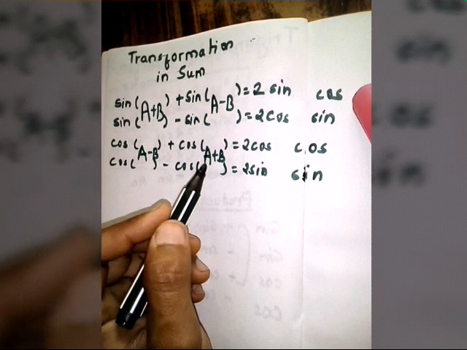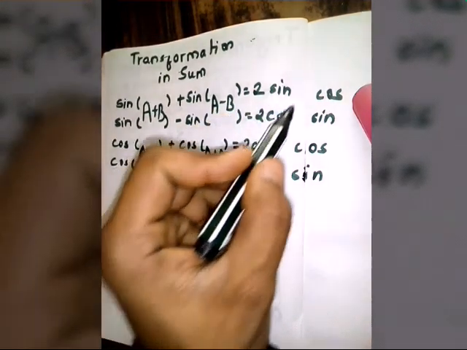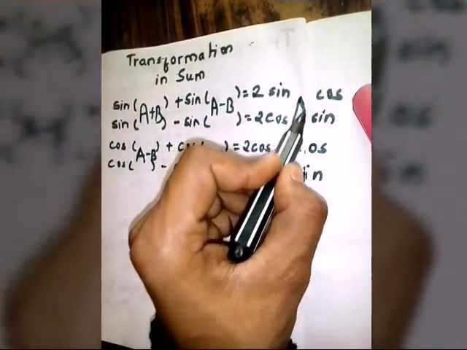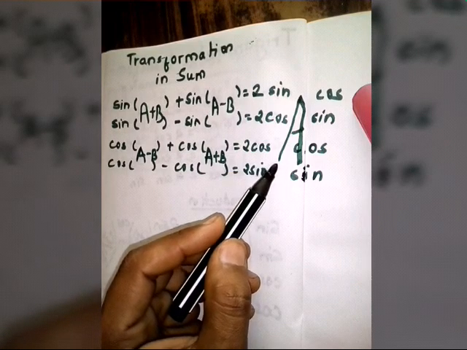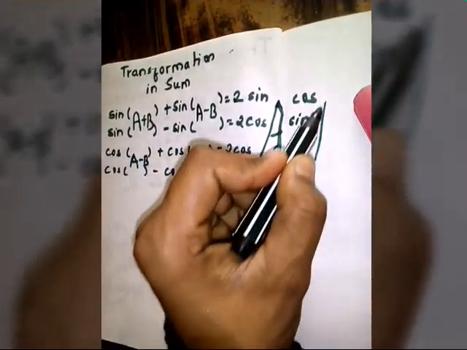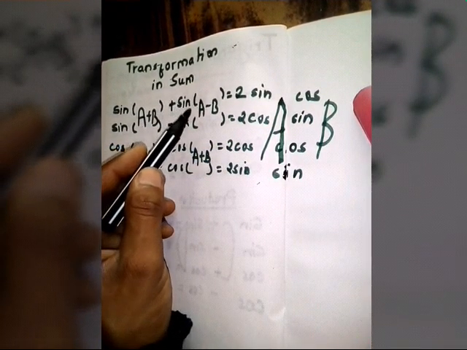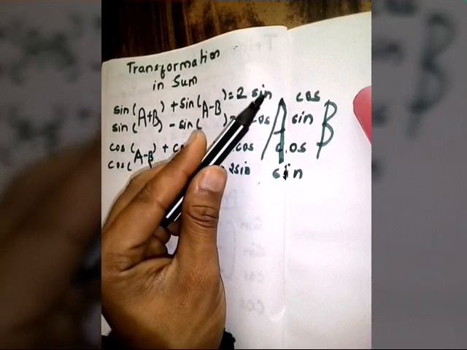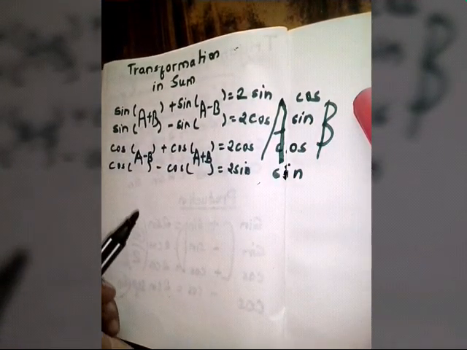So if it is the case, the formula will be very easy. In the first term there will simply be a. I am writing over here so you can understand, this whole term will be a, and similarly the second term over here will be b. That means sine (a plus b) plus sine (a minus b) is equal to 2 sine a into cos b. Okay, so we have the formula.